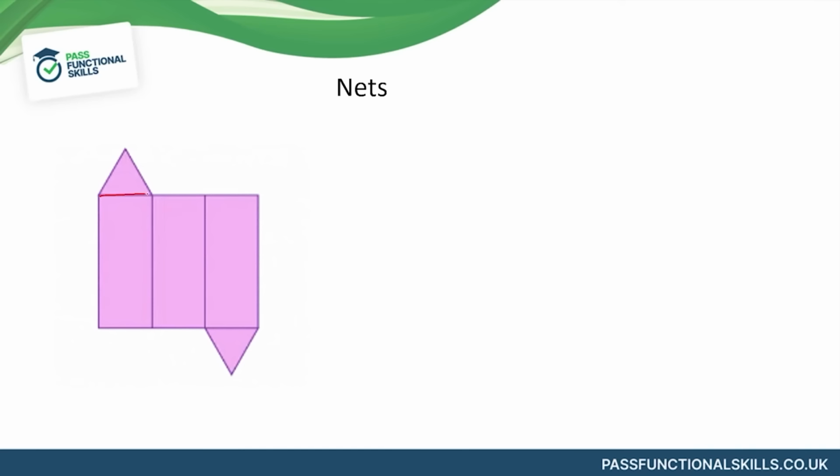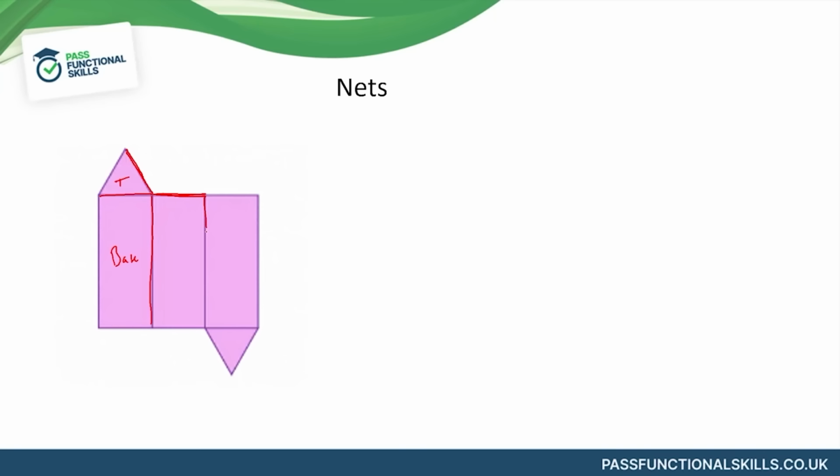Okay, so what do we have here? Again, if we do imagine we're doing some origami and do some folding, we could call this the base, and we will call this the top. And if we were to fold along here, then this edge of the rectangle would align perfectly on this edge of the triangle.